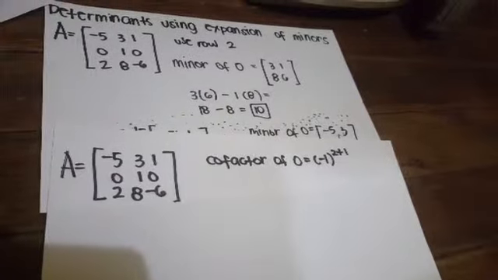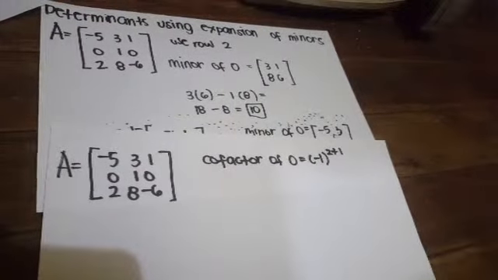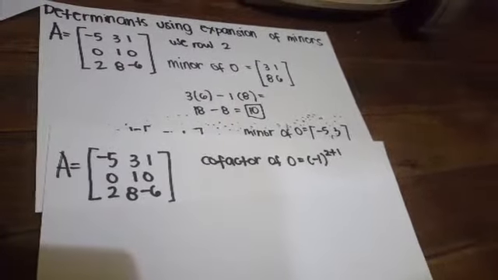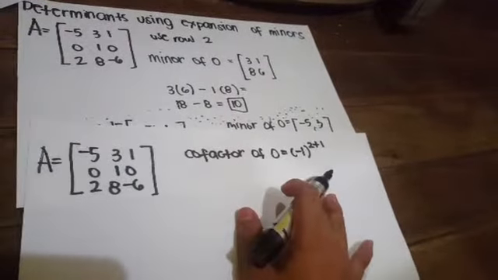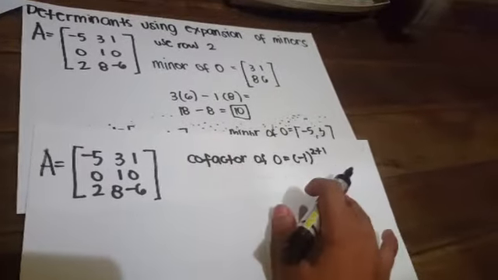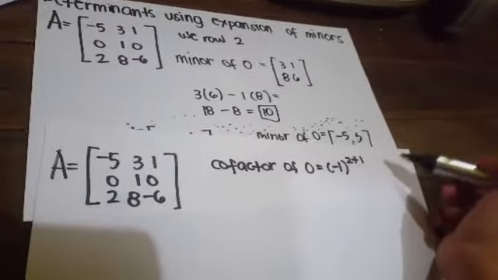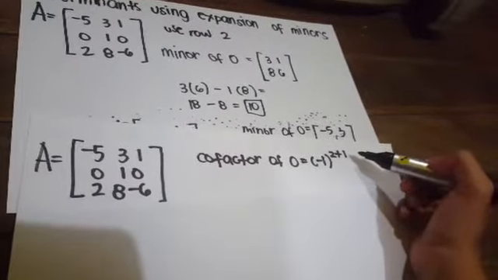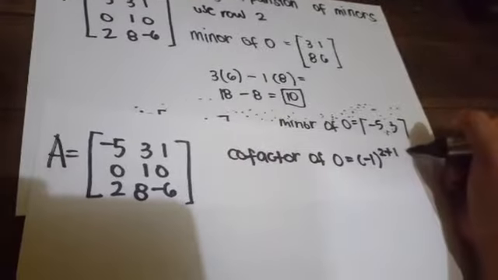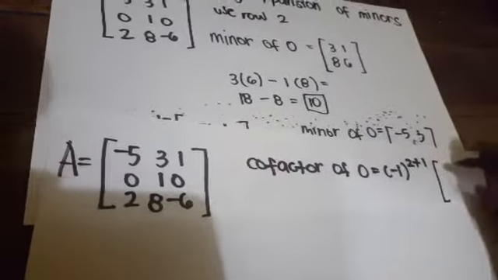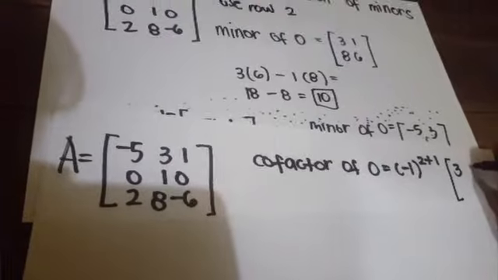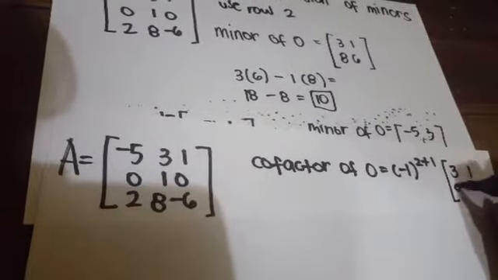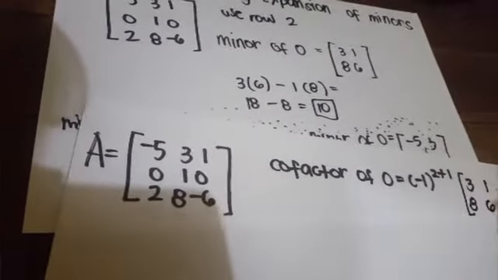After getting the minor, next is getting the cofactor. The cofactor of 0 is negative 1 raised to 2 plus 1, where 2 is for the row and 1 is for the column, multiplied by the minor, 3, 1, 8, 6.